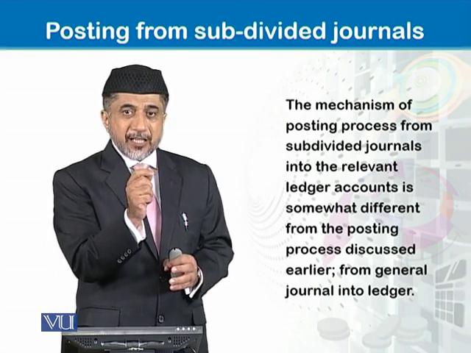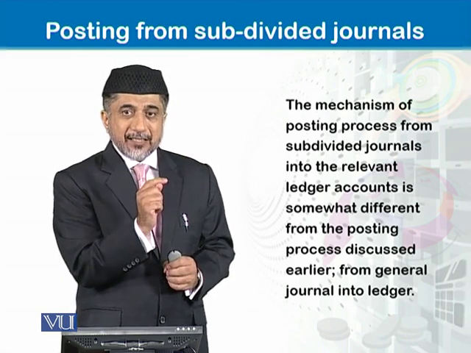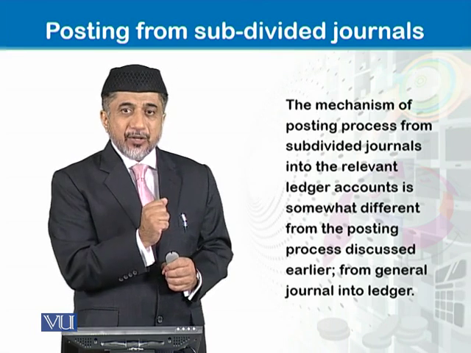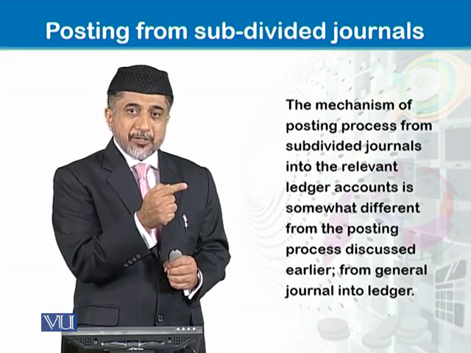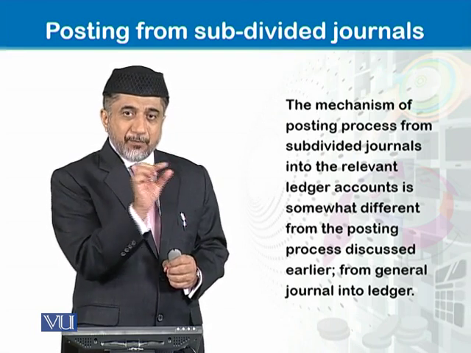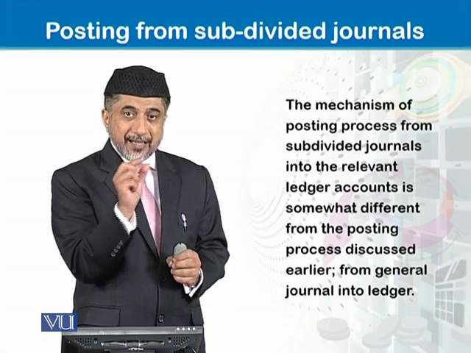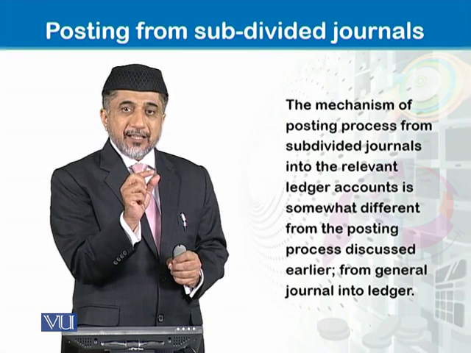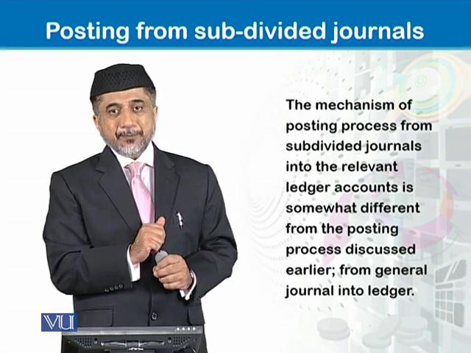If it is being debited, we place its amount, which is in front of that, in the debit side of the ledger account which is being debited. And if that ledger account is being credited, we pick up the amount which is in front of that credit accounting head and put it in its ledger account on the credit side.